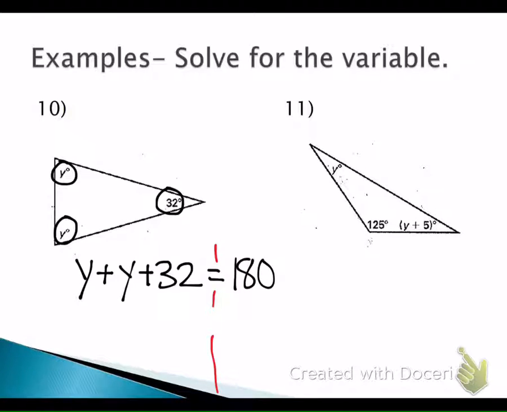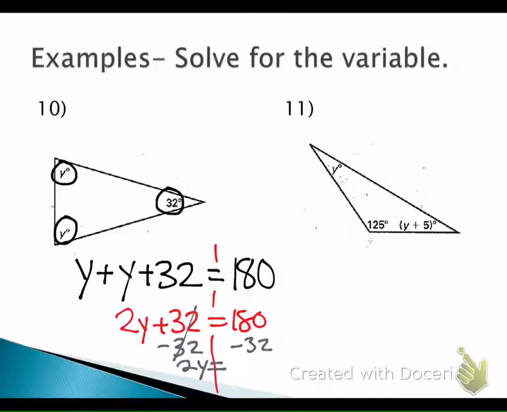So 1y plus 1y is 2y. Then what? Yep, subtract 32 from both sides. So 2y equals, what is that? 180 minus 32. 148.